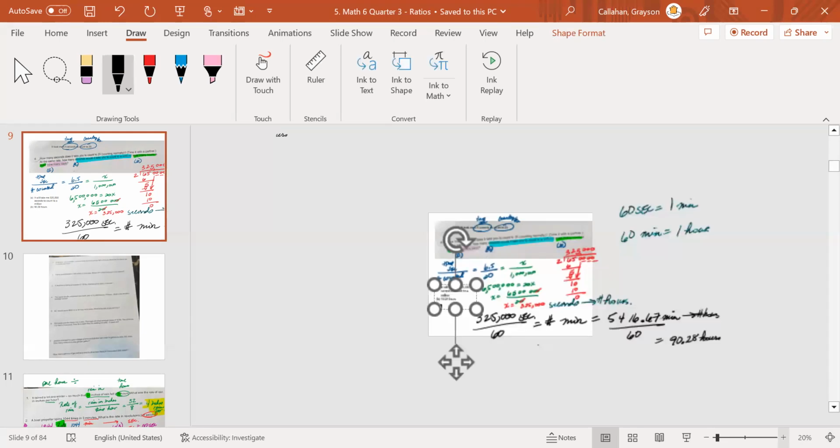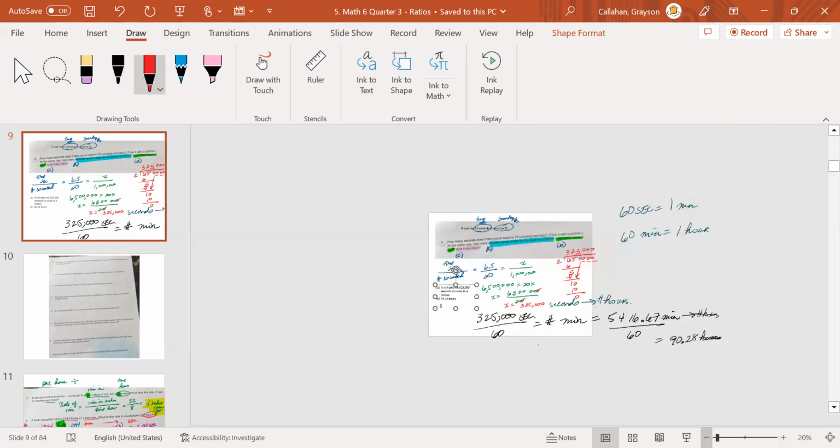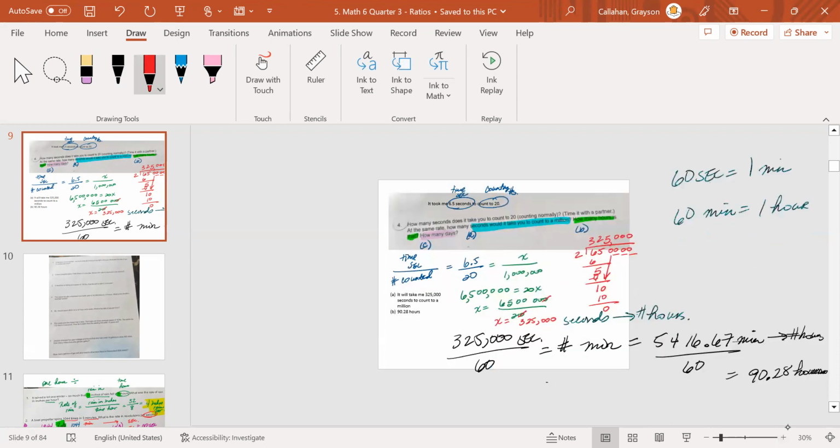C, how many days? How many hours are there in a day? How many hours are in a day, Grayson? Do you know how many hours are in a day? Grayson? 24 hours in a day. If this is how many hours I have, I divide it by 24 hours. That will give me the number of days.